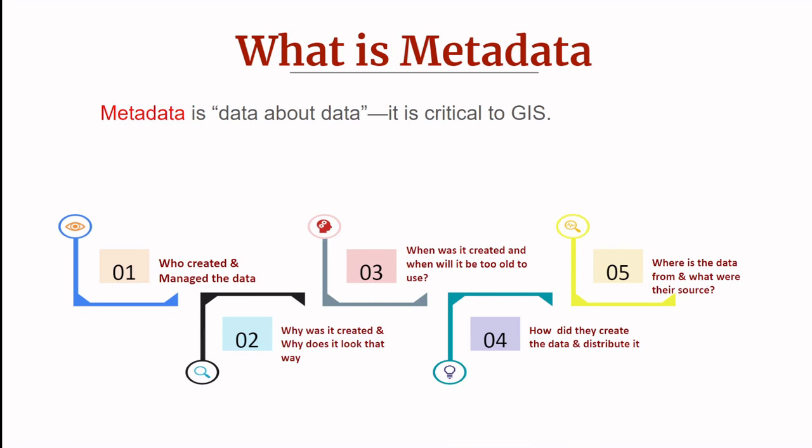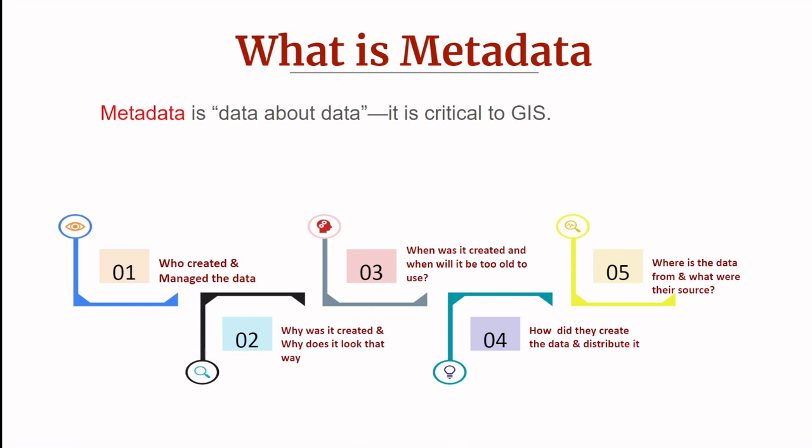Metadata helps us to understand who created the data and who is managing the data. It helps us to also understand why the data was created in the first place and why it looks the way it looks. Sometimes certain data sets are given a specific configuration based on the reason why the data was created.